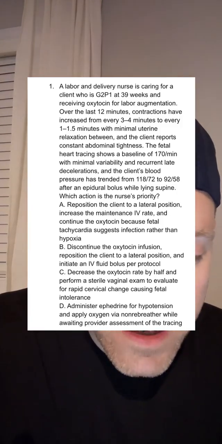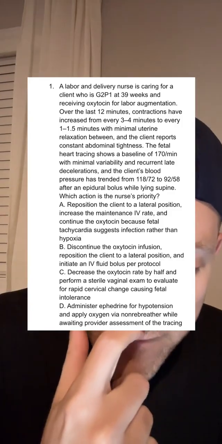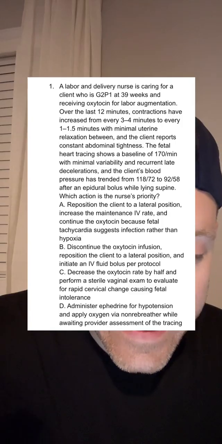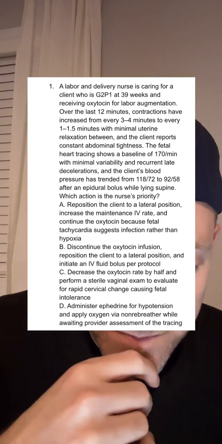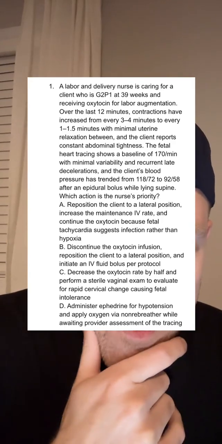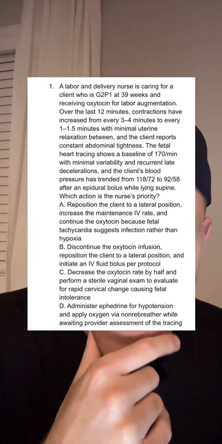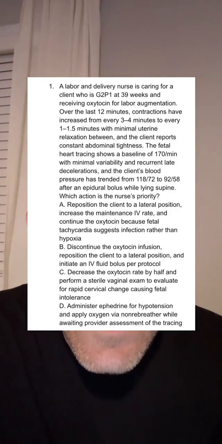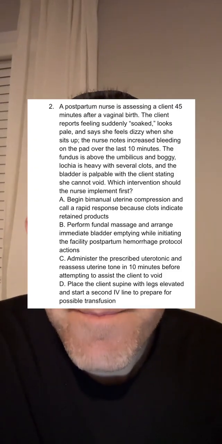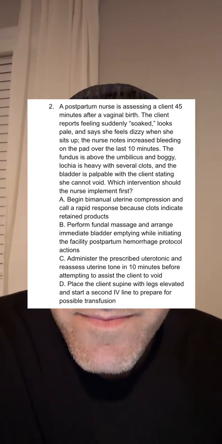Then there's also the decreased fetal oxygenation. So the fastest way to remove that is by stopping the oxytocin, while improving perfusion with that lateral positioning and fluids. So good job. That one, there's a lot of detail there, but I feel more or less it was kind of a gimme.